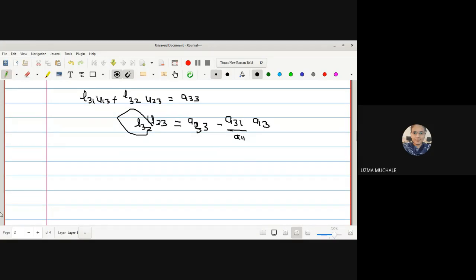Suppose we have the system A. We have one system of three equations in the form of Ax = B. A is the coefficient matrix and X holds the values of x, y, z or x1, x2, x3. For this system we have to write A in terms of LU.